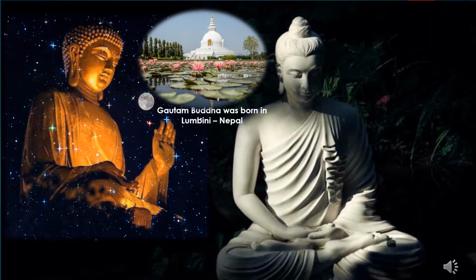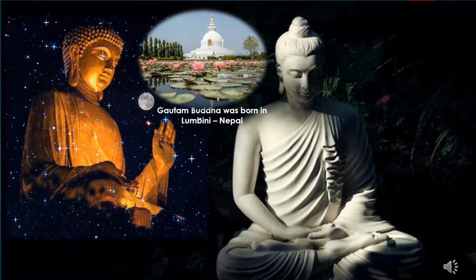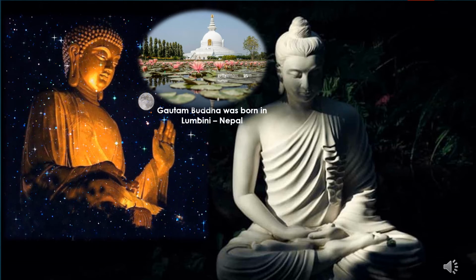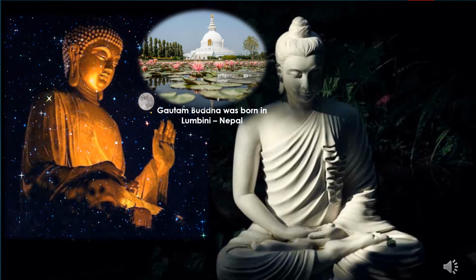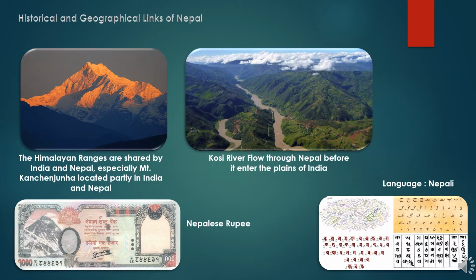As you all are aware of Gautam Buddha, did you all know that Gautam Buddha was born in Lumbini in Nepal? Here we will talk about the historical and geographical links of Nepal. The Himalayan ranges are shared by India and Nepal, especially Mount Kanchenjunga, located partly in India and Nepal.